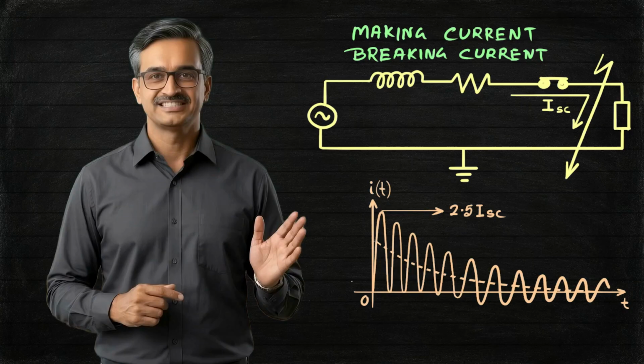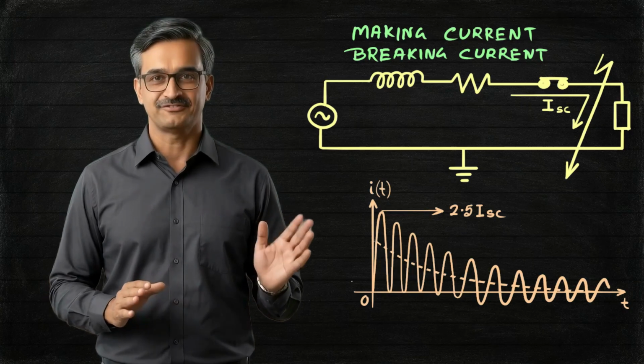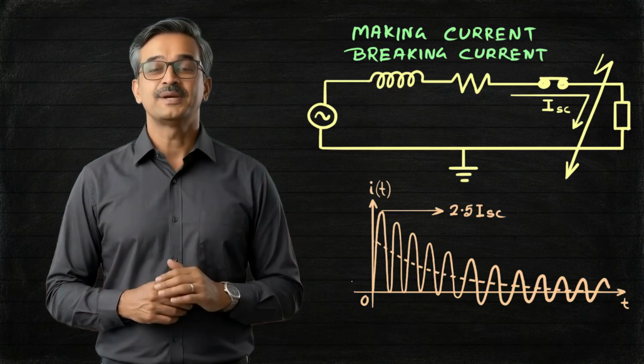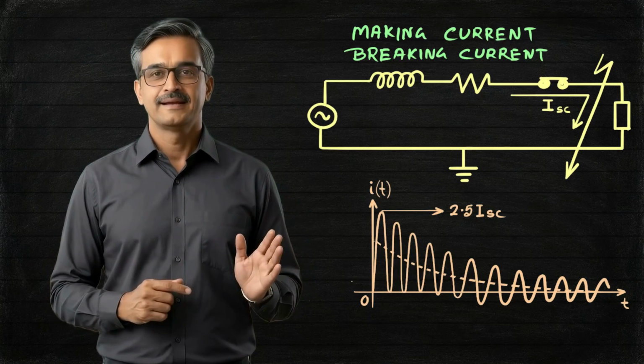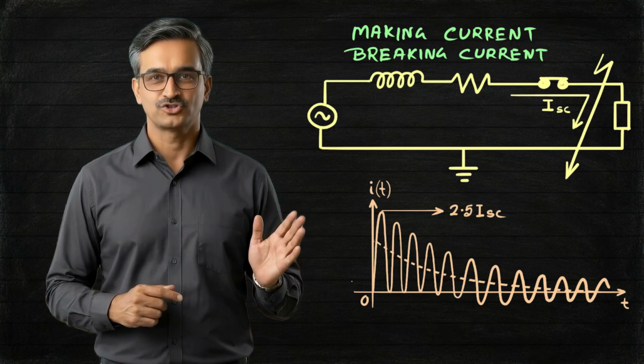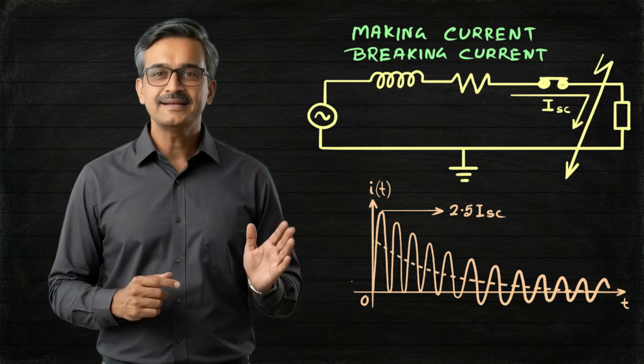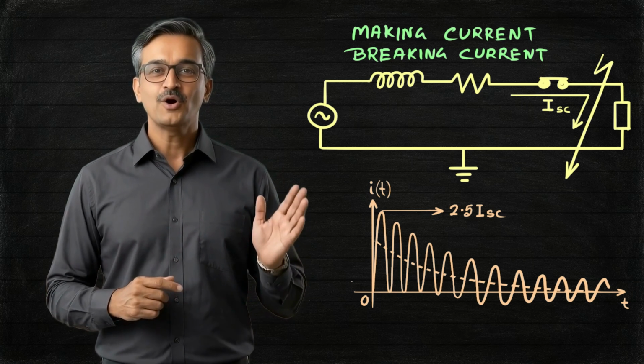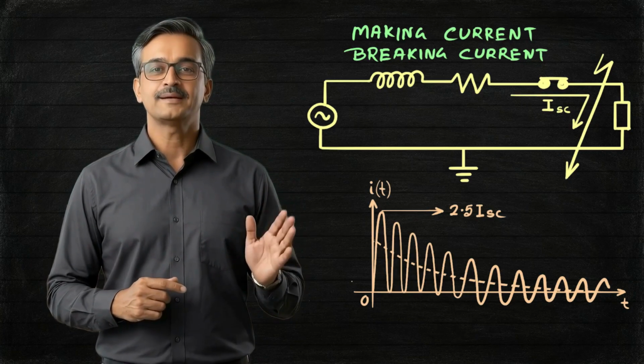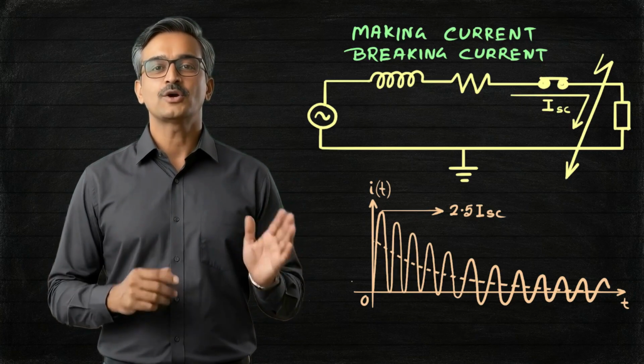If the breaker closes at any other point on the voltage waveform, the DC offset will be lower and consequently, the first cycle current peak will also be lower. But our objective is to determine the maximum current that the circuit breaker must be capable of withstanding. Therefore, we always consider the voltage zero crossing.